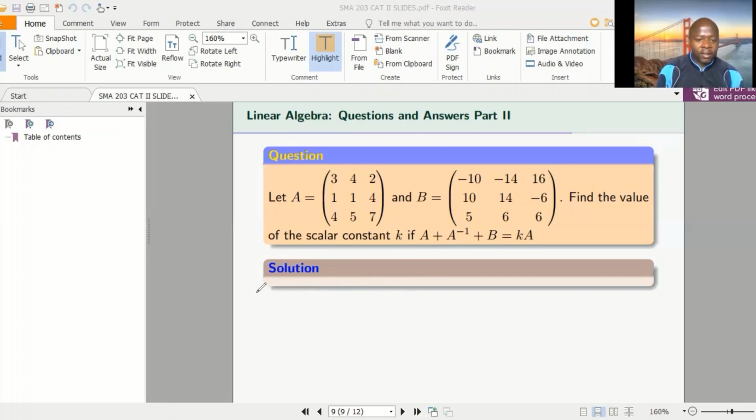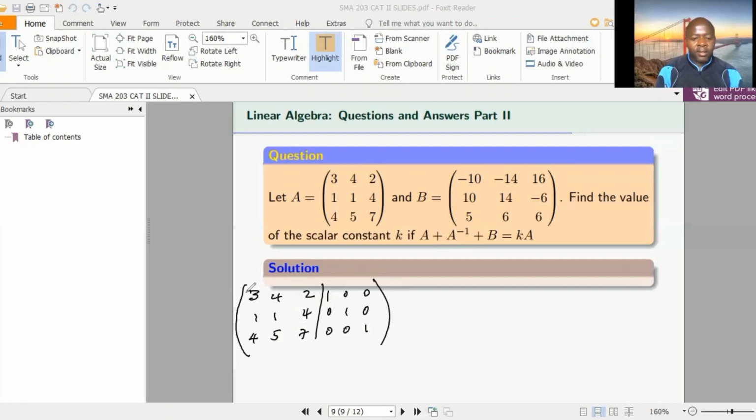What that says is that if I have this matrix, then this is 1, 1, 4, and this is 4, 5, 7. Then I can write here the identity matrix for a 3 by 3 matrix, and I do some elementary row operations on this.